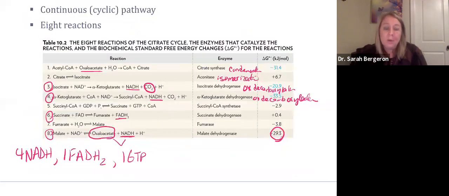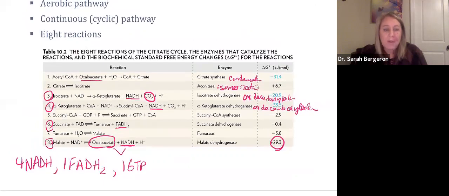Okay, so remember that in this reaction, right, if O2 is limiting, if we don't have oxygen to be the final electron carrier at the end of the electron transport chain, then NADH and FADH2 are going to accumulate. And then we're going to have some feedback inhibition, right?